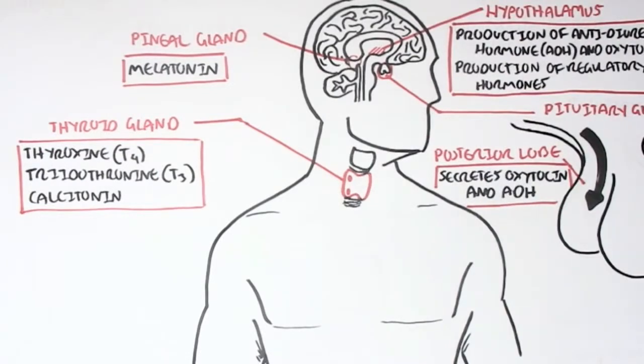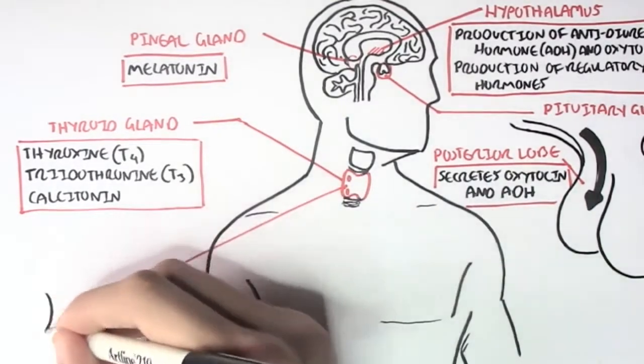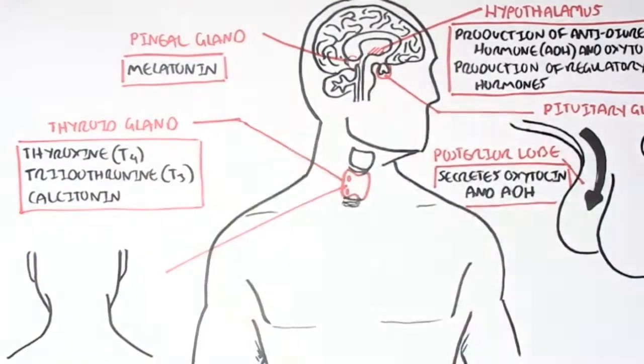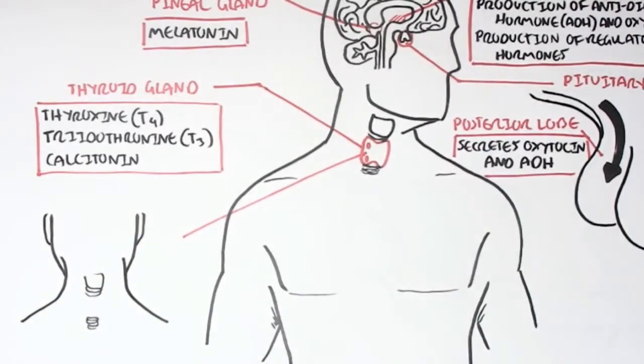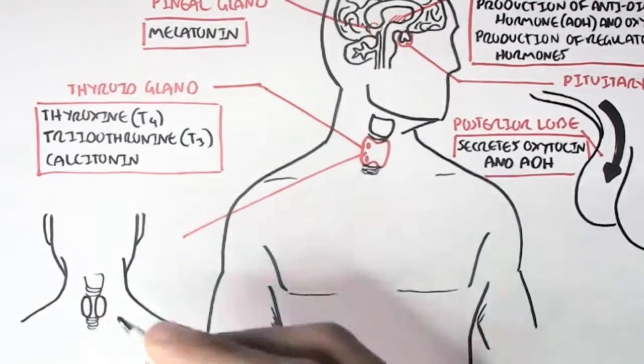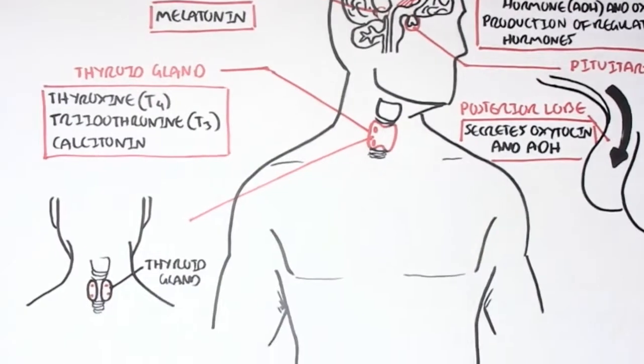Now, the thyroid gland also has other endocrine glands on it. So if we zoom into this area here, we're looking at this person from a posterior point of view, from the back. We have the thyroid gland, and then we have these four sort of lobes on the thyroid gland.